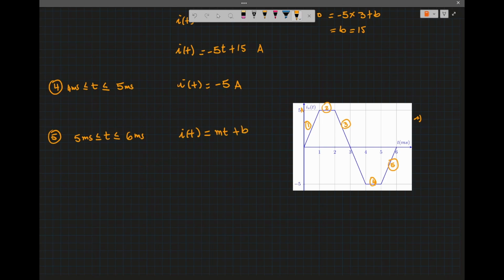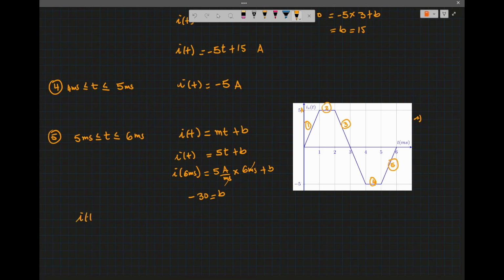It is an increasing function. So the rise is 5, the run is 1, so 5t plus b. The slope is amps per millisecond. So for t equal to 6 milliseconds, 5 amps per millisecond times 6 milliseconds, plus b, that gives me negative 30. That's b, so 30 amps.